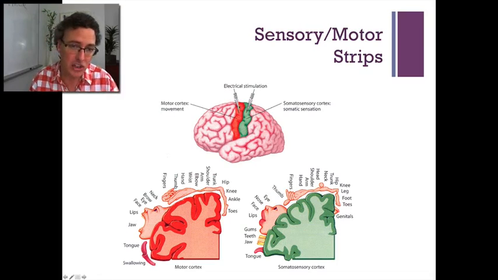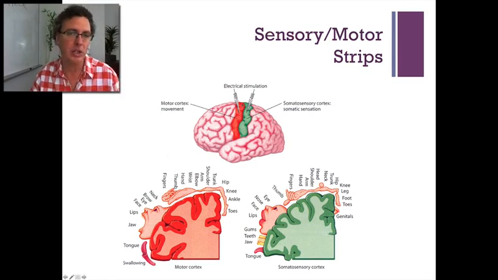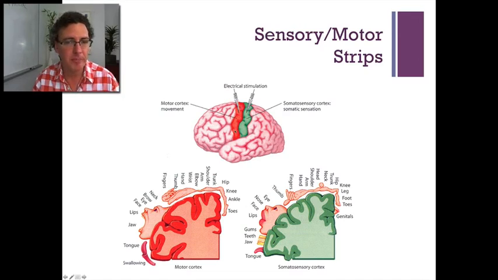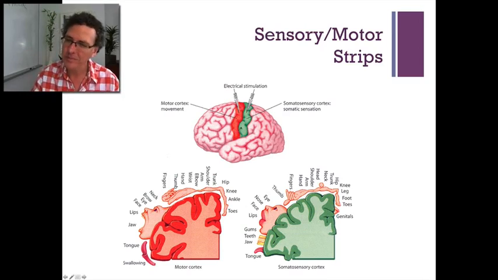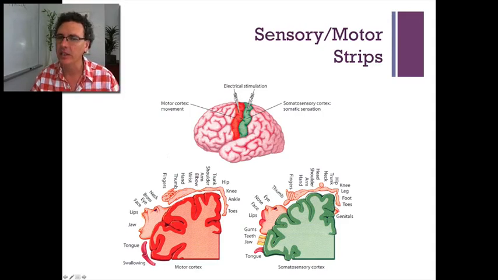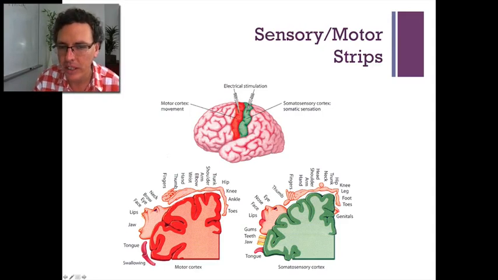You also see that it's right adjacent to another strip of cortex we're going to call the motor strip. Let me get back to the motor strip for a second, because even though the motor strip is actually part of the frontal lobes, these things share so much in common that it makes sense to talk about them together. But let's start with the green area, somatosensory cortex, right here.